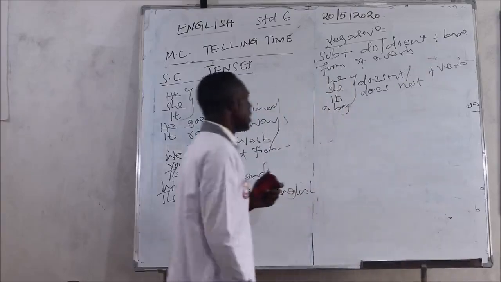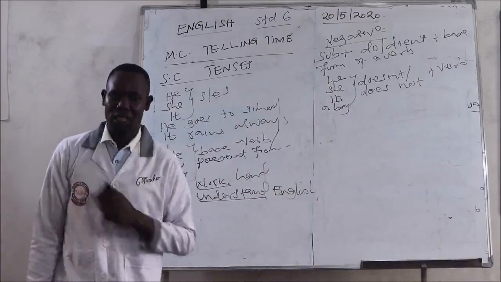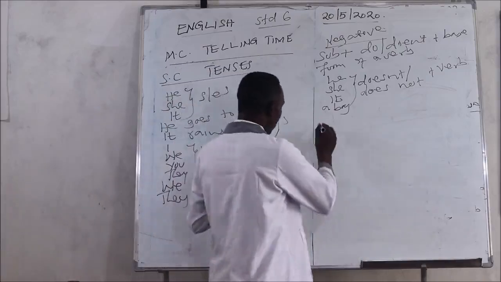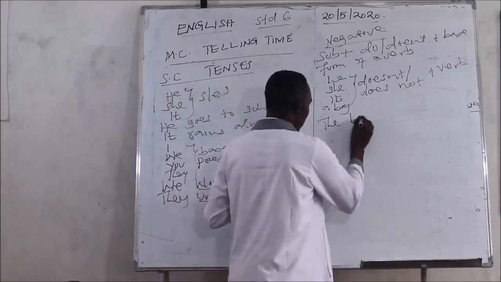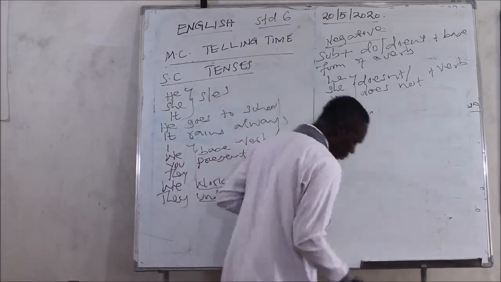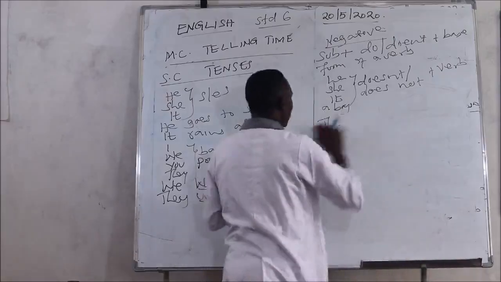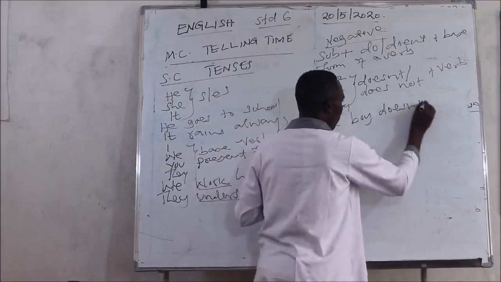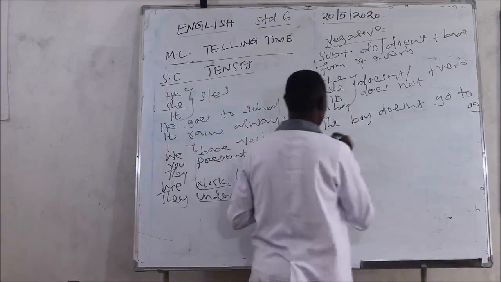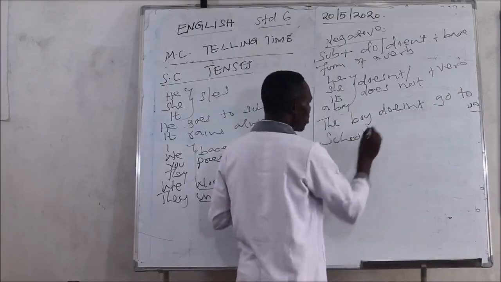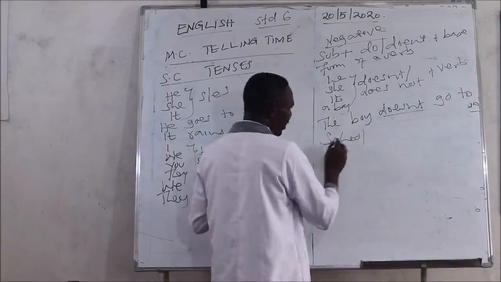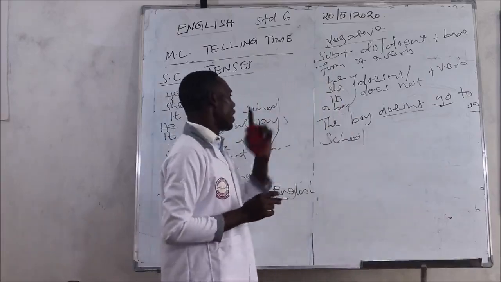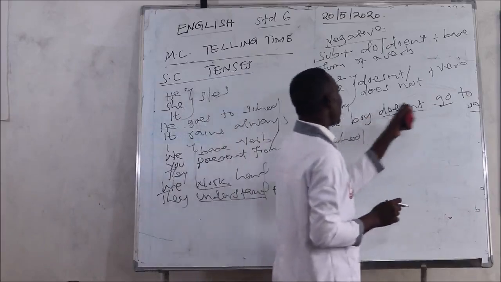For example, we'll say he doesn't understand English. The boy doesn't go to school. We are using the word doesn't go because this word doesn't is negative, and also the word boy is singular. So in this case, we can't say the boy doesn't goes.